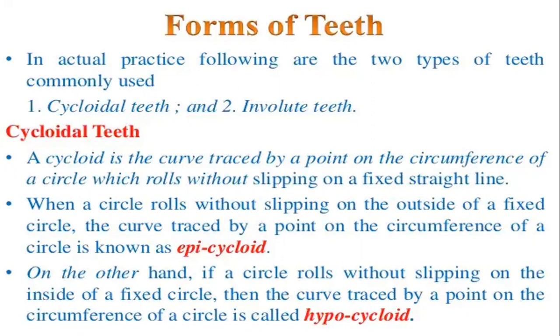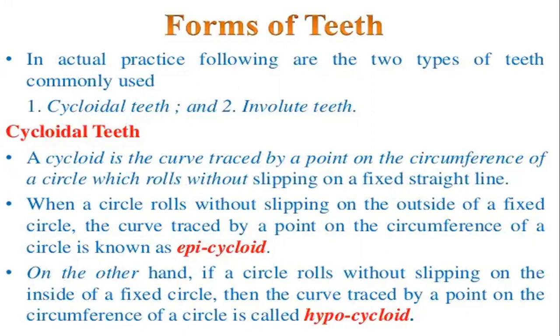Whenever a speed breaker arrives, the curve rises to its highest point, and when there is a depression in the road, it goes to a low point. So disturbances are created to trace this curve by a point, and that is done by rolling a circle without slipping on a fixed straight line.